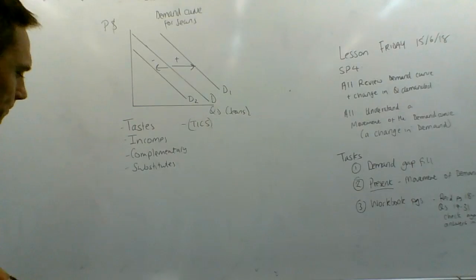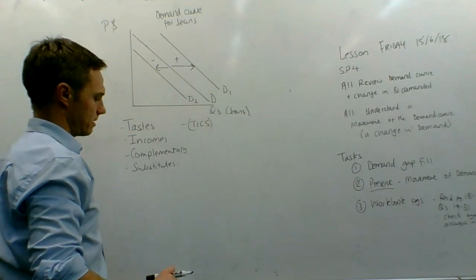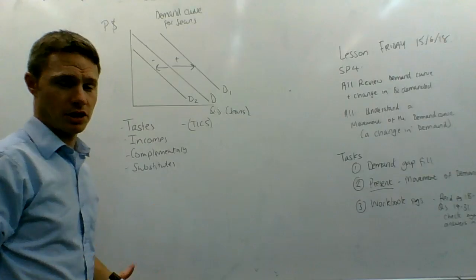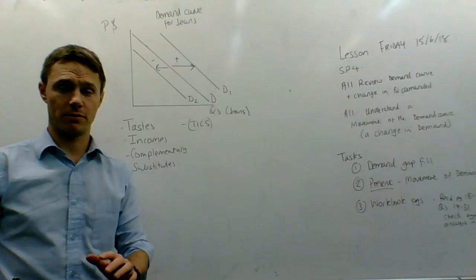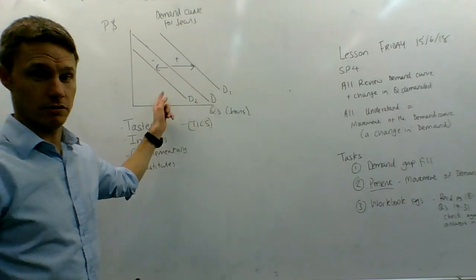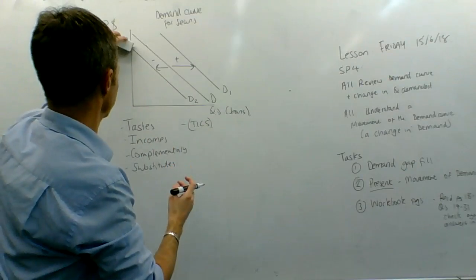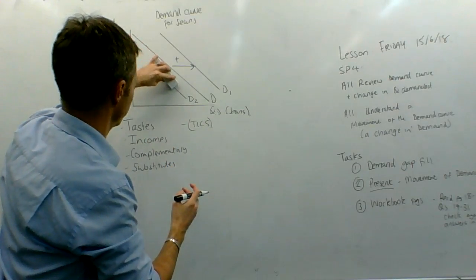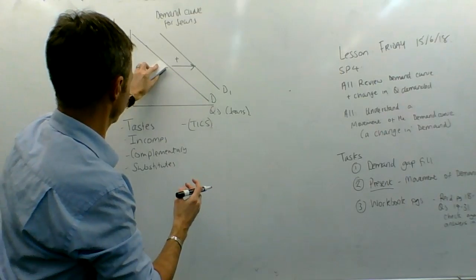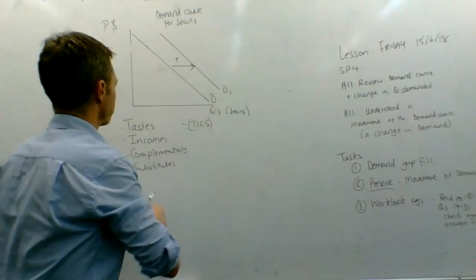Now, what this is showing us is that regardless of the price, there is an increase or a decrease in demand. The way that we would illustrate that would be if I take that one off, so it doesn't get too confusing, and take that arrow off as well.